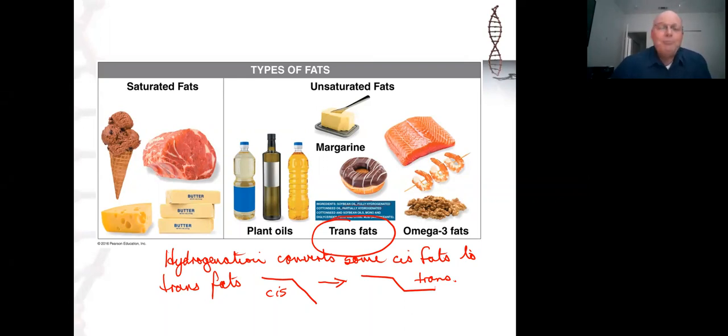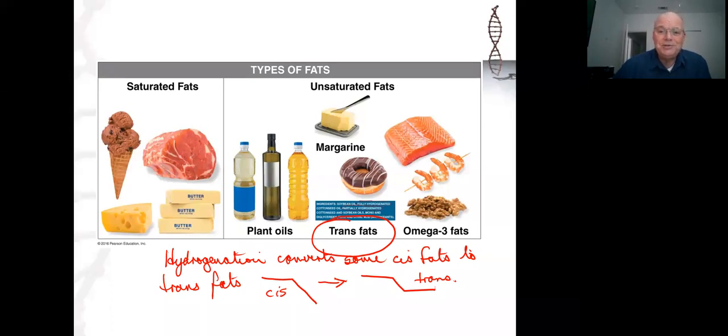And that poses a problem because being unnatural, we don't know what a healthy level of trans fats looks like. And in fact, the evidence that we have right now suggests that trans fats are just as unhealthy as saturated fats. In other words, they promote heart disease and stroke. And in fact, we think they may be more dangerous than saturated fats, naturally occurring saturated fats.